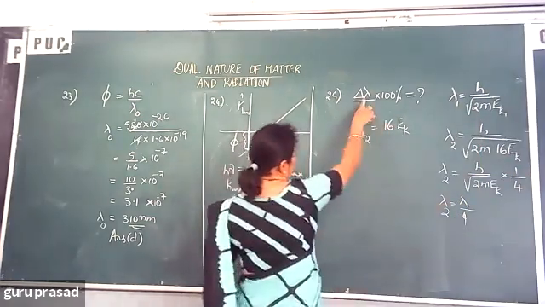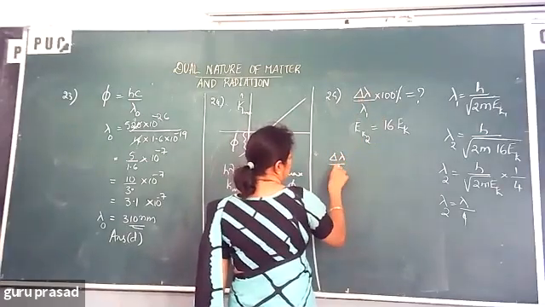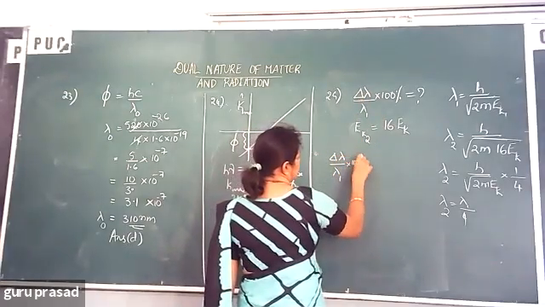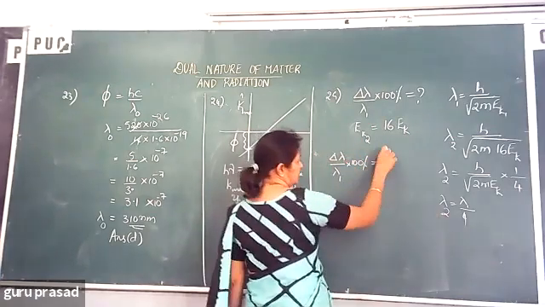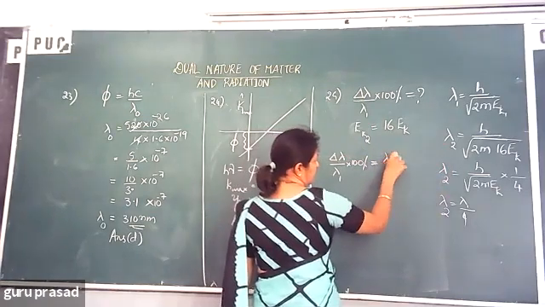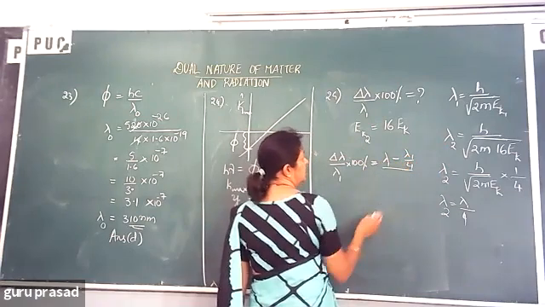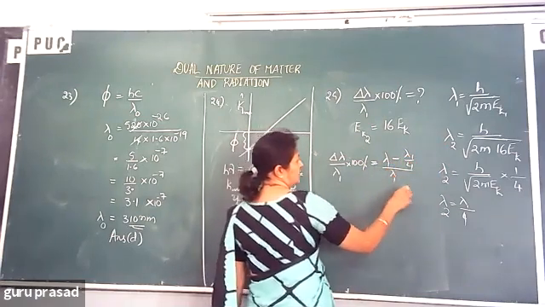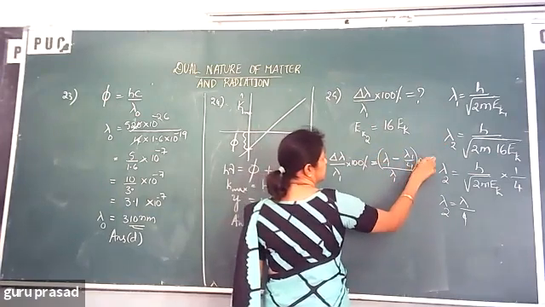Now they are asking for delta lambda by lambda 1 into 100%, which is the change, lambda 1 minus lambda 2, over the original value lambda 1, into 100%.